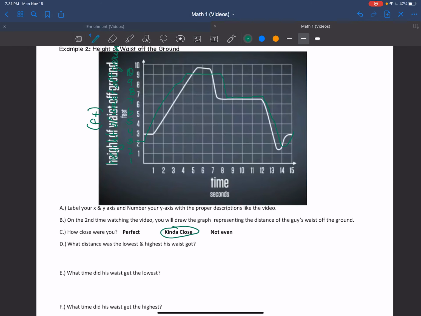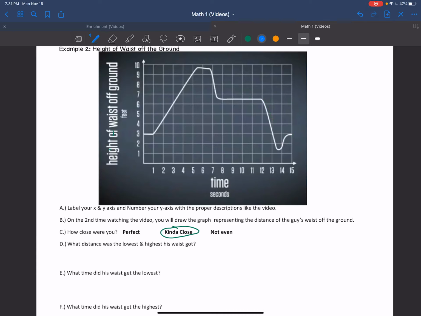I did pretty good. Letter D: what distance was the lowest and highest his waist got? So the lowest the waist got is the lowest point on our graph, right? That's pretty much what it's asking of us.